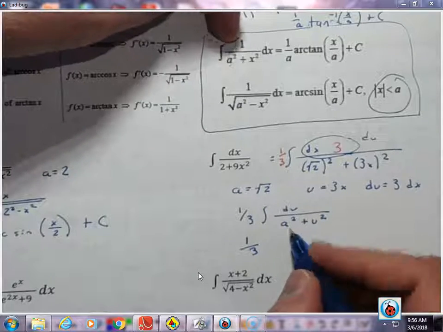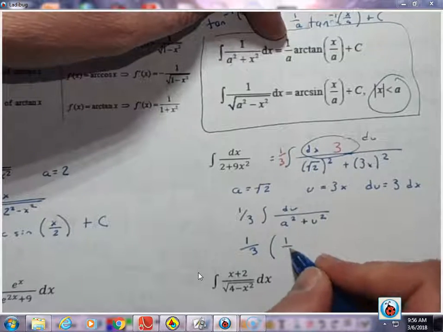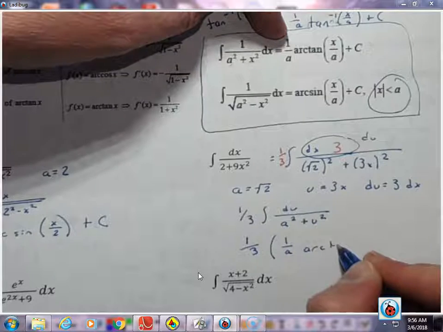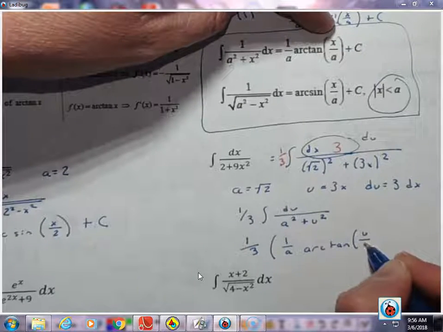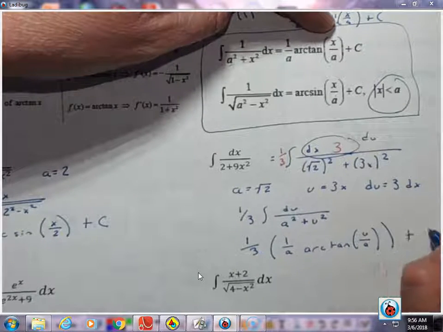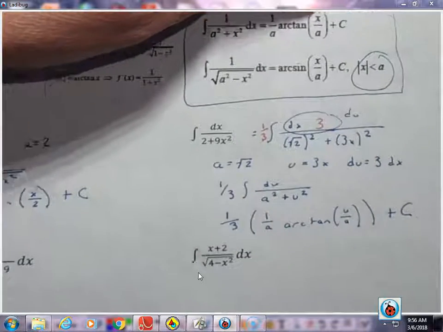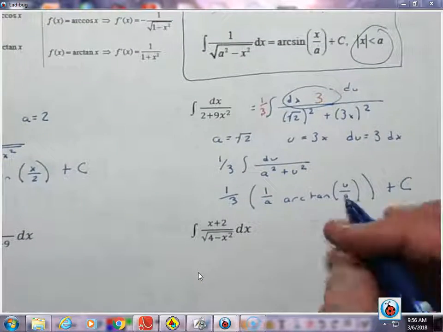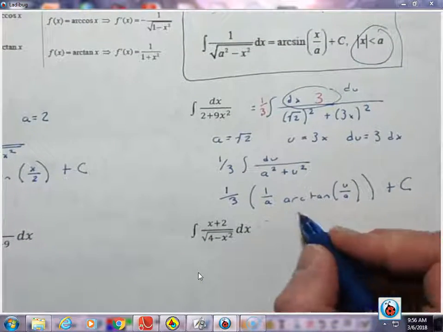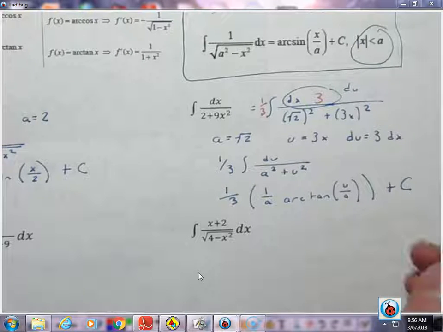Okay, so this would just be 1 over A arctan U over A plus C. And then all we have to do is substitute back in the U and the A. Do you want to distribute the 1/3 at the same time?